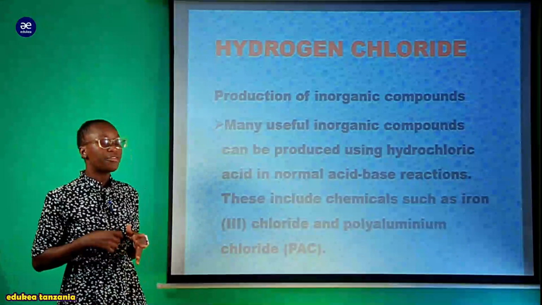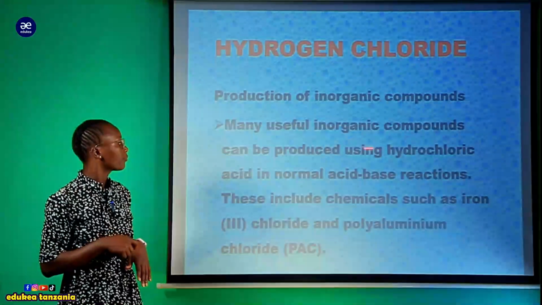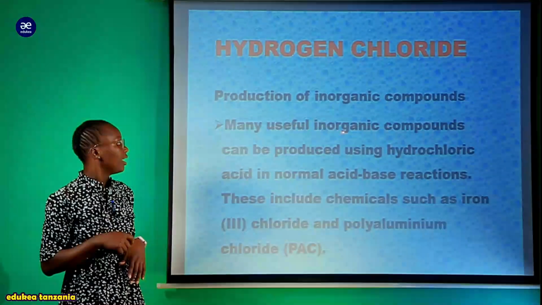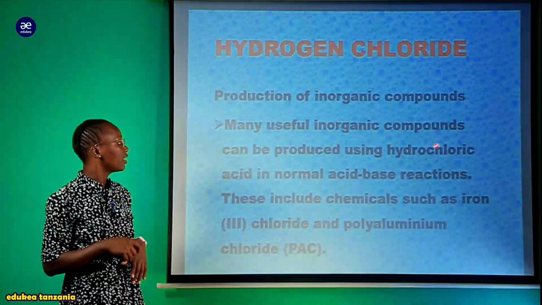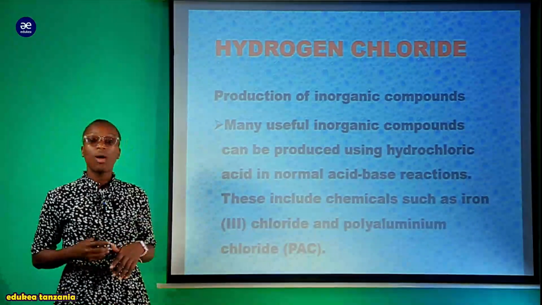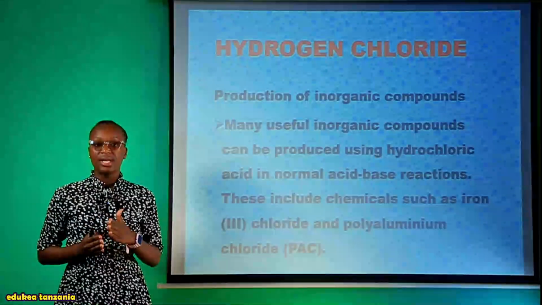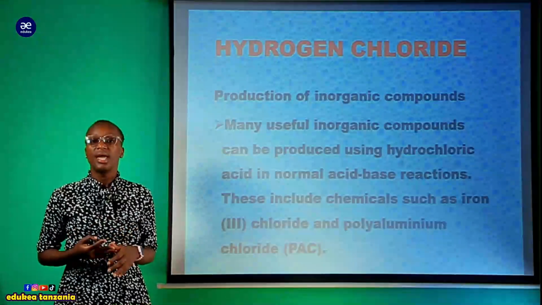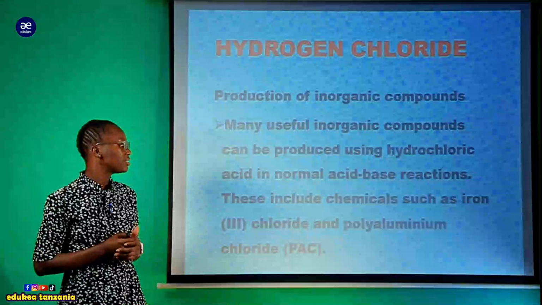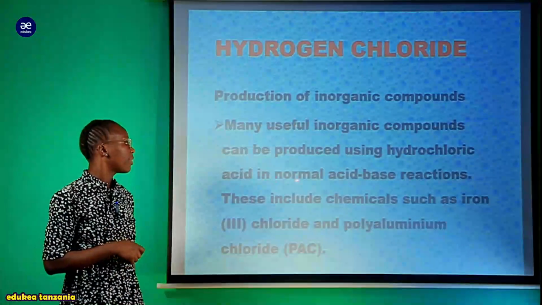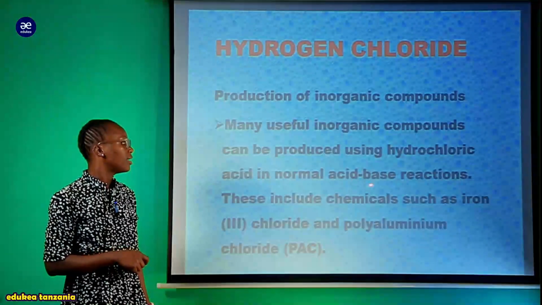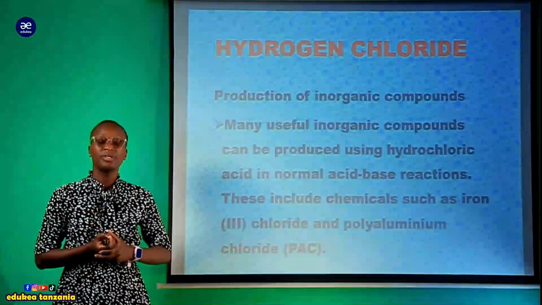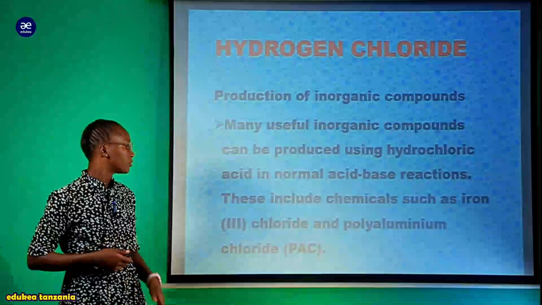So most of them zinatumika katika production. Many useful inorganic compounds can be produced using, kwamba a lot of them zinaweza kutengenezwa kwa kutumia hii hydrochloric acid au hydrogen chloride gas, ambayo inakuwa katika normal acid base reaction. Hii reaction ya normal acid base ndio inapelekea formation of inorganic compounds.